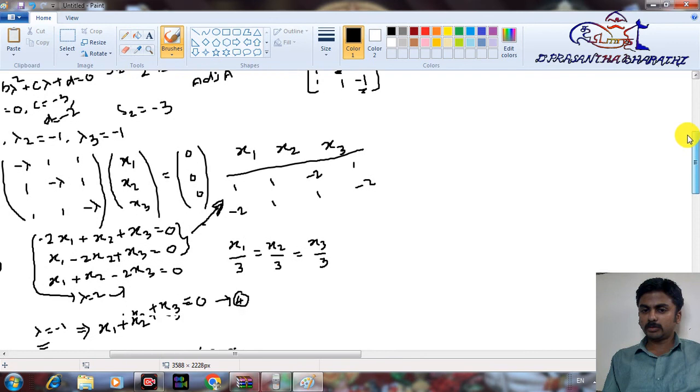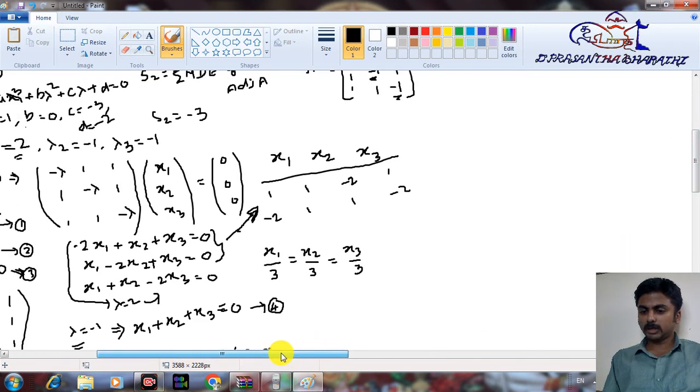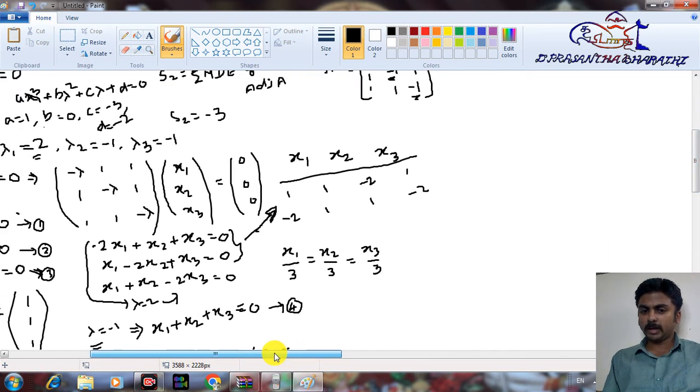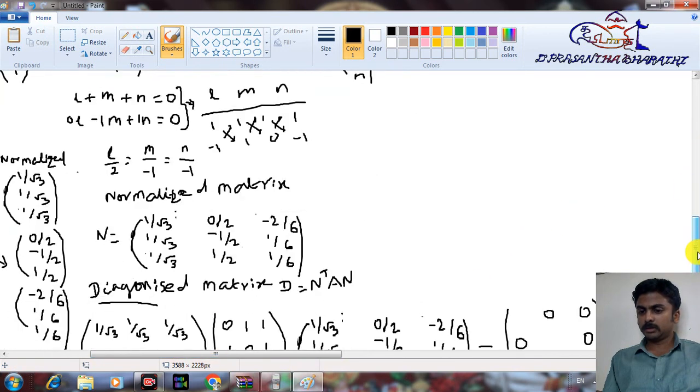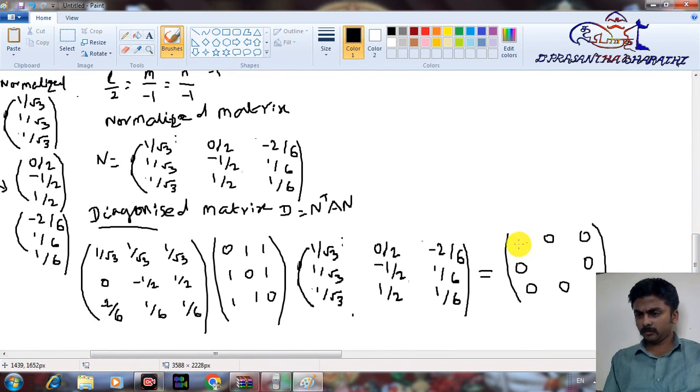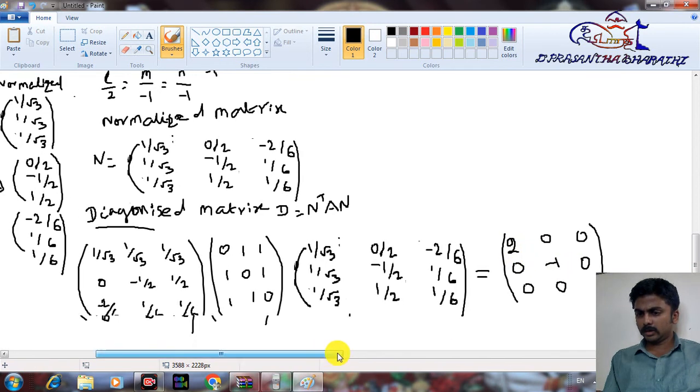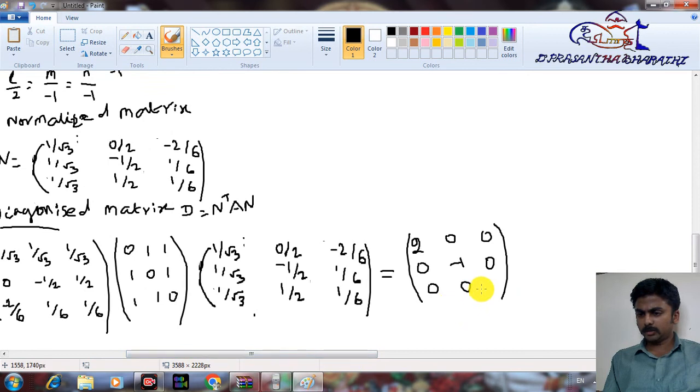What are our eigenvalues? Lambda equal to 2, minus 1 and minus 1. So this is our D: D equal to 2, 0, 0, 0, minus 1, 0, 0, 0, minus 1.